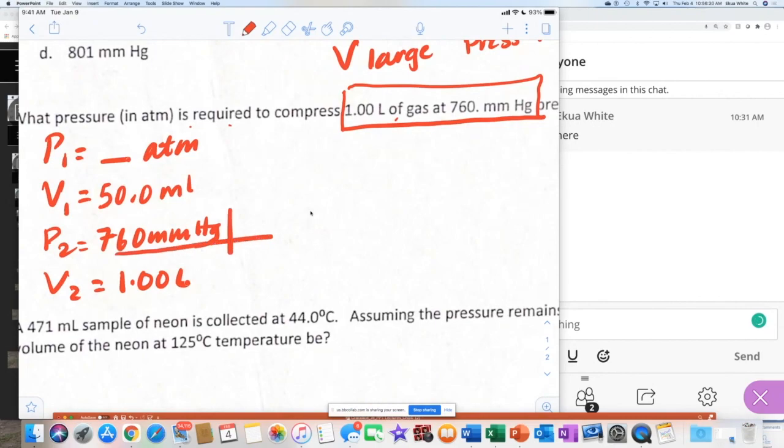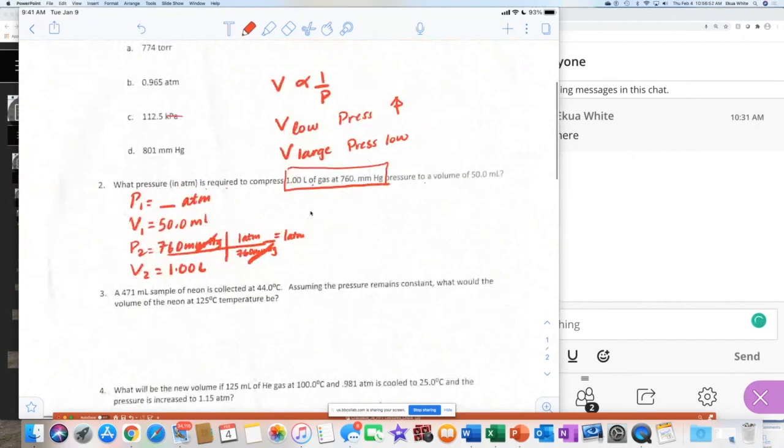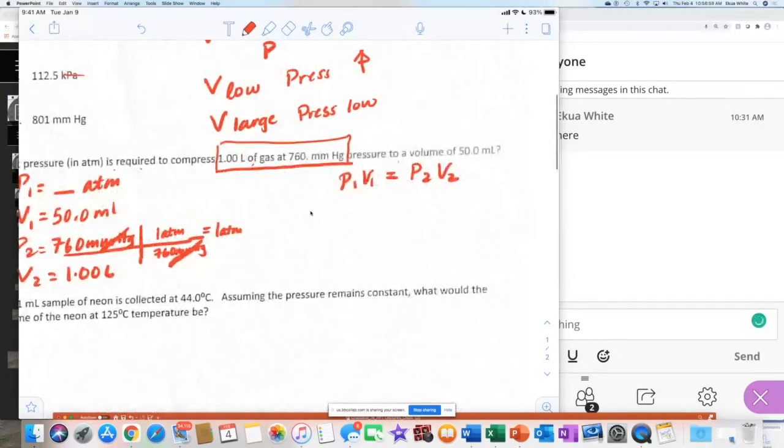Since our desired pressure is in atmosphere, I have to convert this to atmosphere. 1 atmosphere is 760 millimeters of mercury. The units cancel out, but I end up with just 1 atmosphere. So in my problem, the equation I'm going to use is P1 V1 equals P2 V2. We're trying to solve for P1, so divide both sides by V2.